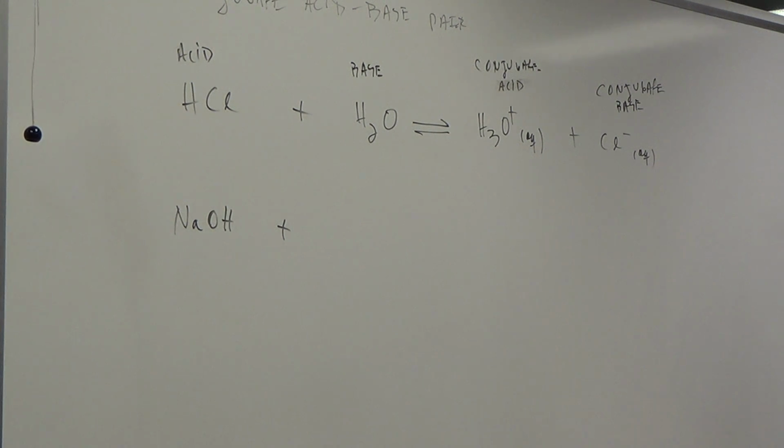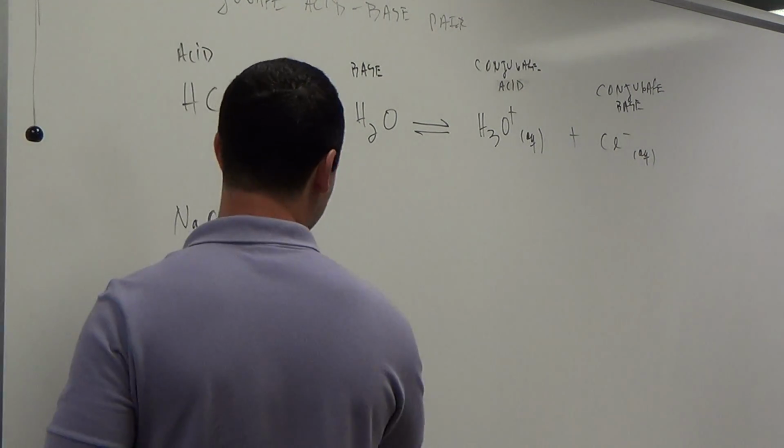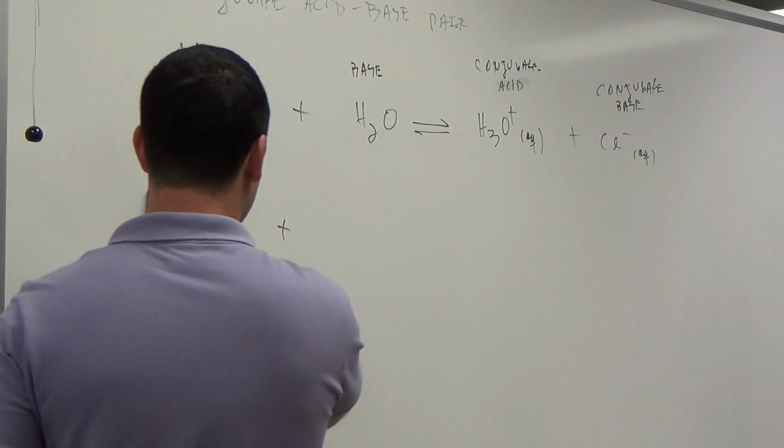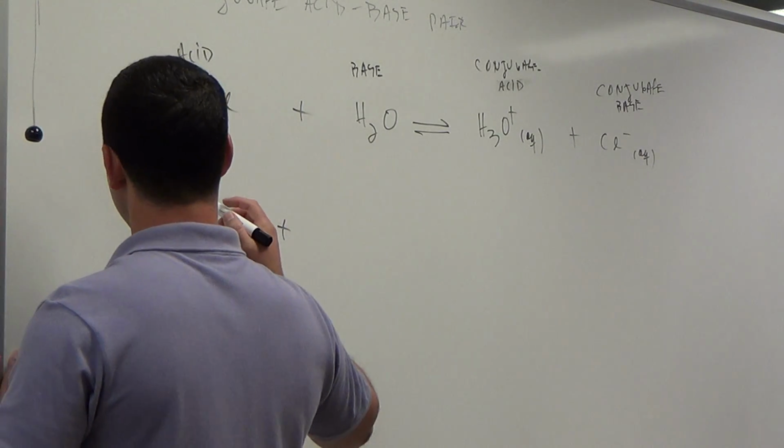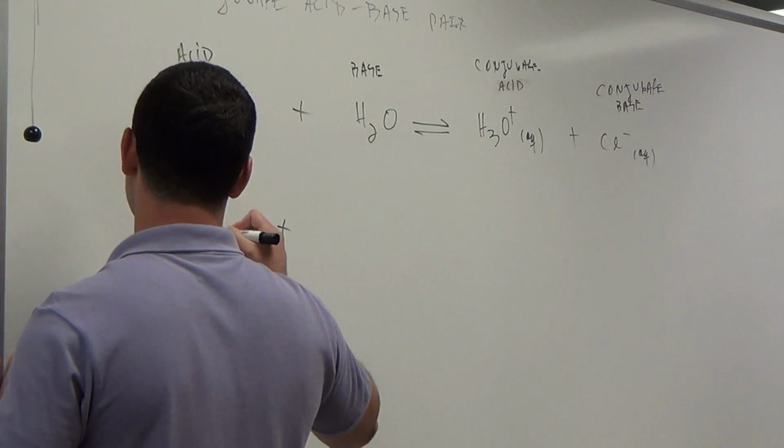Maybe we shouldn't do this one. Let's do another one, okay? I don't want to get into this one yet. Let's do another one that's not confusing like this. I thought you said the base was the electron pair donor.